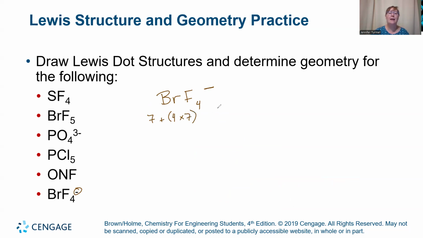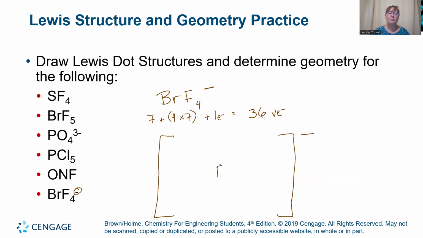Each fluorine has 7. And we add 1 electron there from the charge. Okay. So that gives us 35 plus 1 is 36 valence electrons. And we have to put this in brackets because it's an ion with the charge out to the side. So let's take a look here.